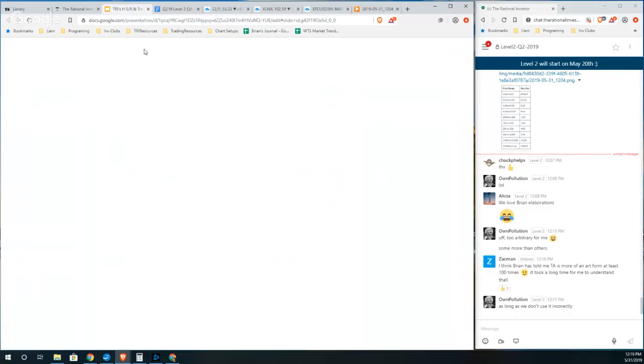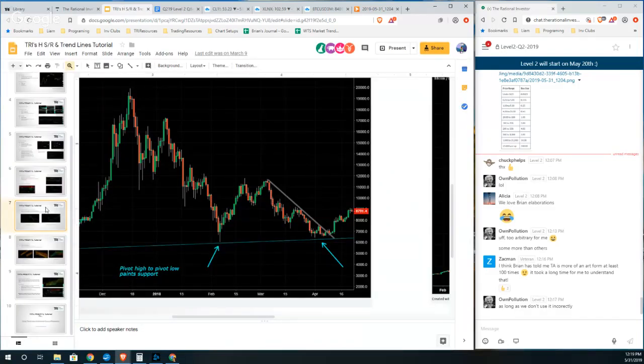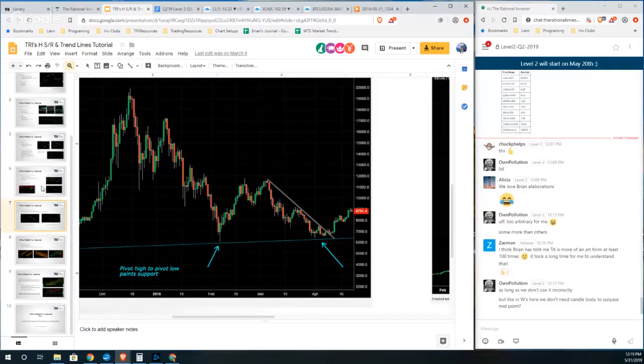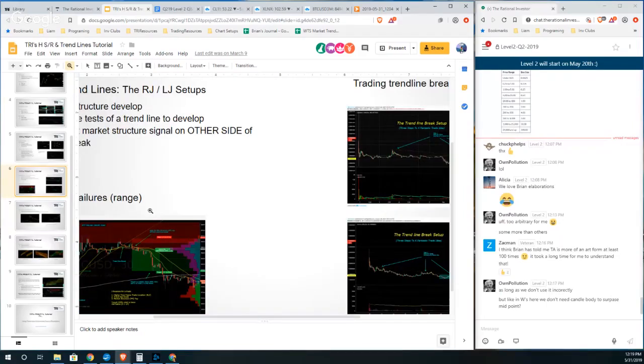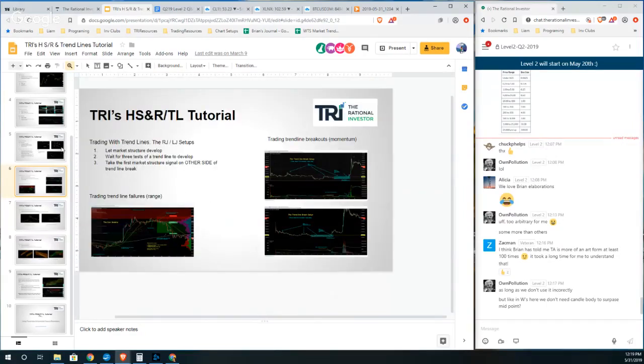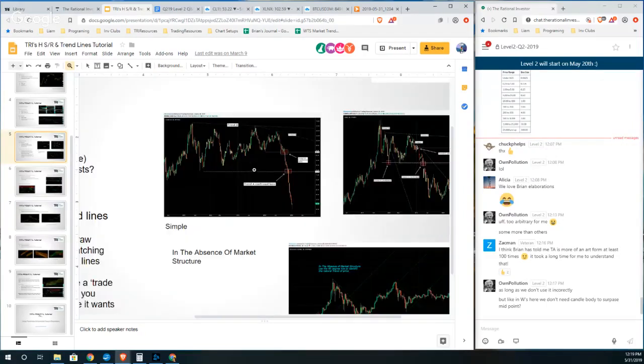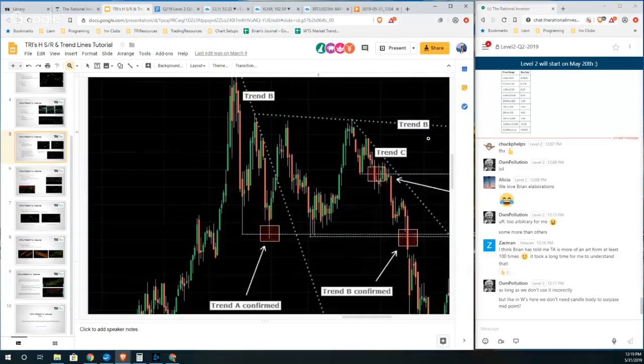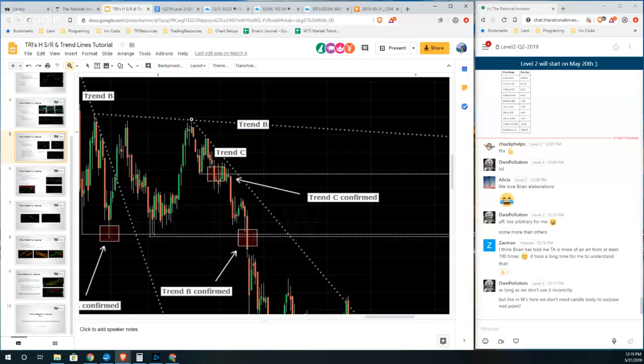So in the module, remember I had said earlier, I really like this trend line in the gold market. Right? So this trend line, it was confirmed right there. Now this becomes the active trend line for me.